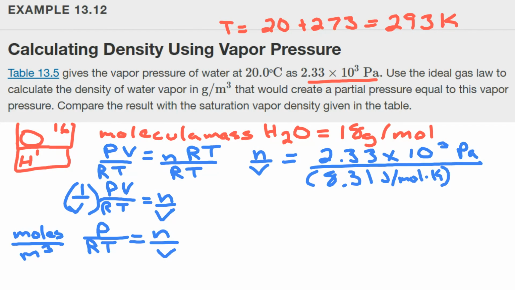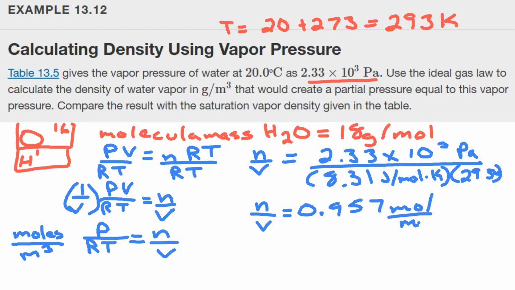That's the unit for that, times my temperature, which is 293 degrees Kelvin. Kelvins cancel, joules, and so on. If I plug that in the calculator, I end up with about 0.957 moles per meter cubed.